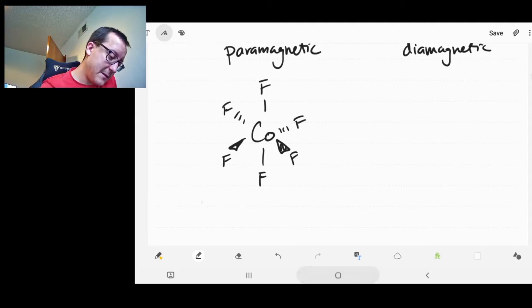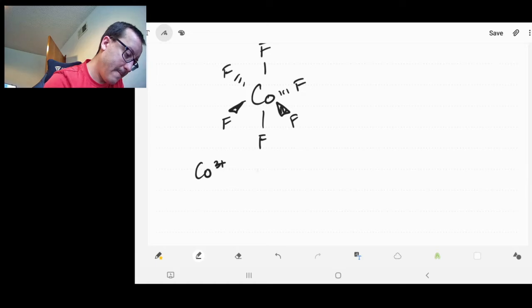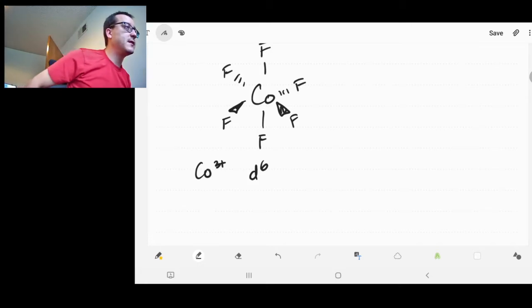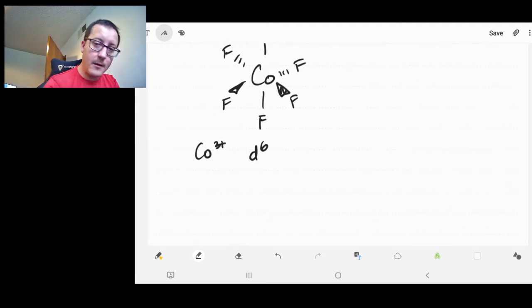If we think cobalt 3+, where is cobalt on our periodic table? Cobalt is 1, 2, 3, 4, 5, 6, 7th in the row here. So we're going to have lost 2 s electrons, and we're going to end up losing 1 d electron. So we have a d6 electron configuration, right?